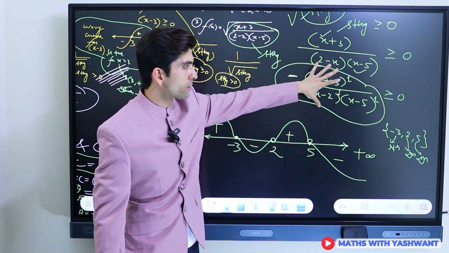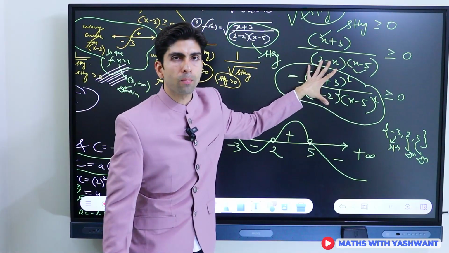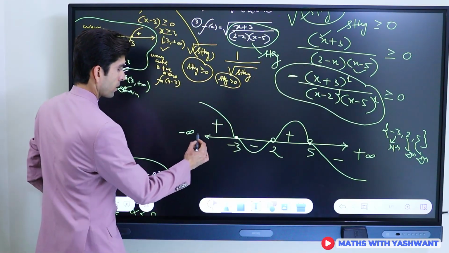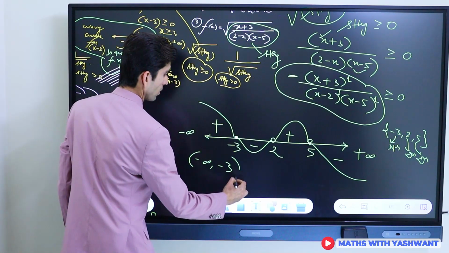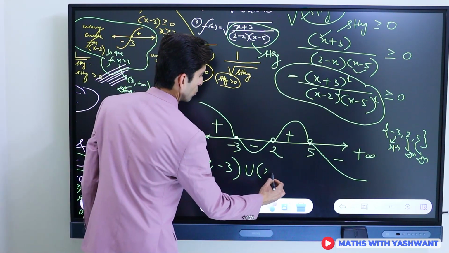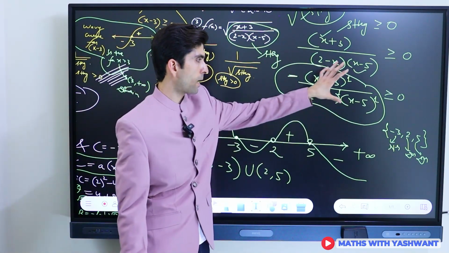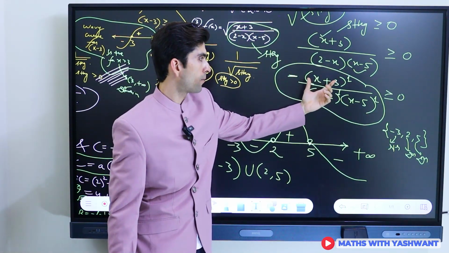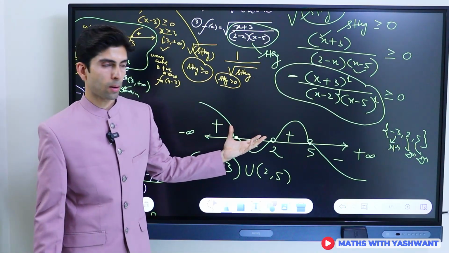Now we want this expression to be either positive or 0. So this expression stays positive in the interval negative infinity to minus 3 union 2 to 5. Now we can also have 0 for this expression, so we check for the point where the curve intersects the number line.